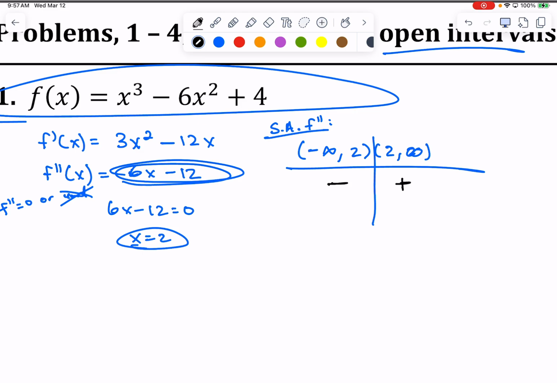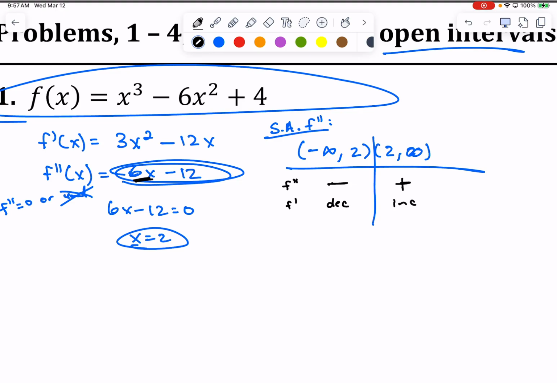I can see that. But if you needed a test value, Callie could say, I could test 0, plug 0 in. 6 times 0 is 0. 0 minus 12 is a negative. So what does this tell you? Okay, Teo, this tells me the second derivative, if it is negative, it tells me the first derivative is decreasing, and if positive, increasing.